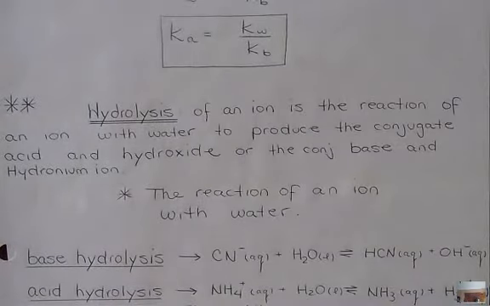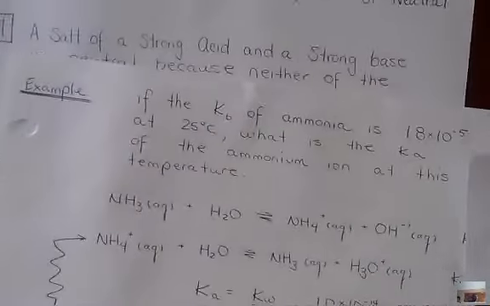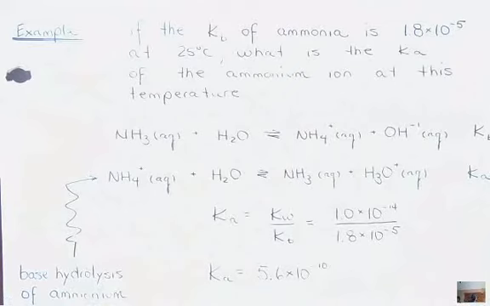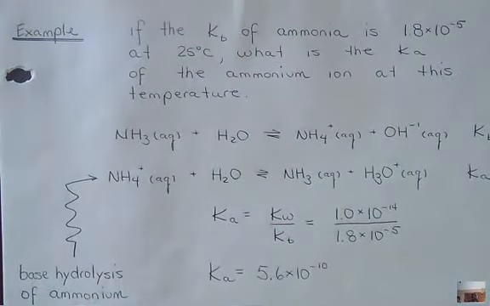Okay, let's take a look at an example here. If the Kb of ammonia is 1.8 times 10 to the minus 5 at 25 degrees, what is the Ka of the ammonium ion?